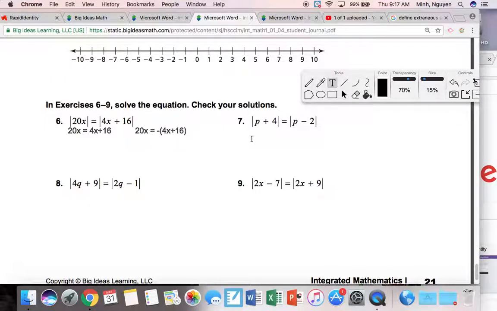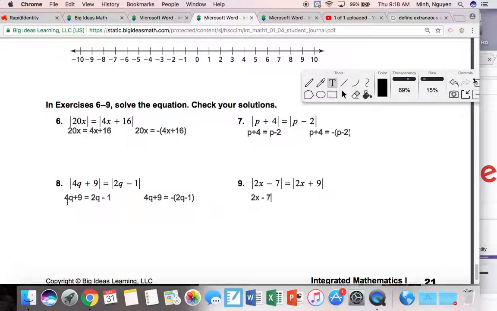And while I'm at it, I'm going to write out the others as well, because it's annoying clicking back and forth on that transparency button. p plus 4 equals p minus 2, and p plus 4 equals negative. Notice again that everything else is written in parentheses. 4q plus 9 equals 2q minus 1. 4q plus 9 equals, what do I have to put around them? Right after I make the negative, parentheses.